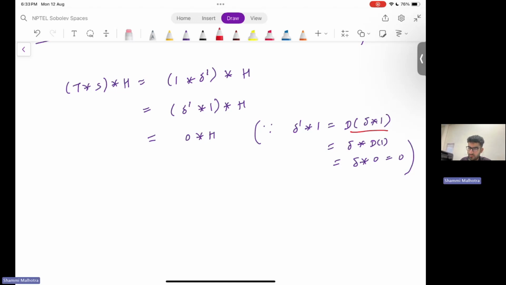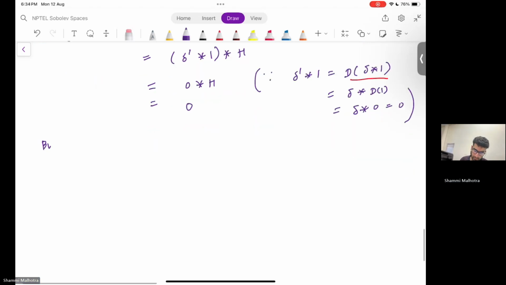But now since the derivative of 1 is nothing but 0, delta star 0 turns out to be 0 only. Or also we can use the fact that delta star 1 is 1 only. So then that will also give us the same thing. This is only the zero distribution generated by 0.